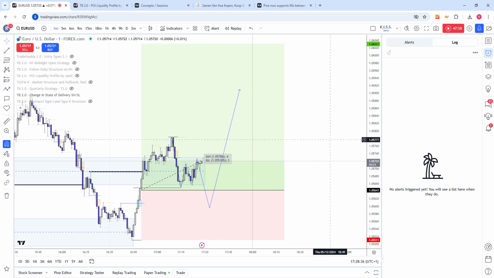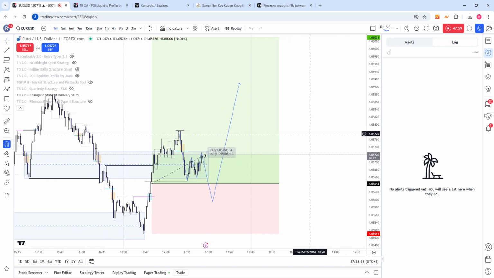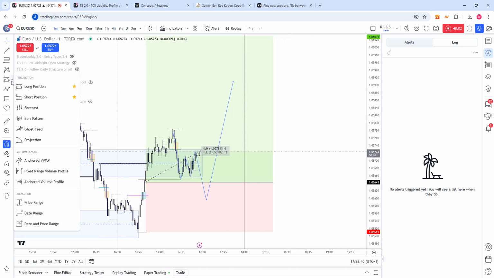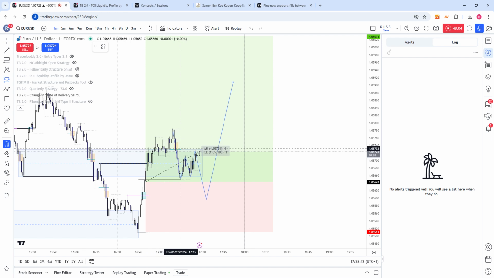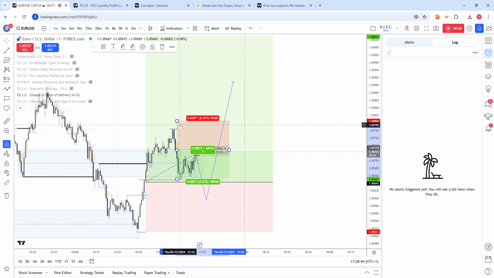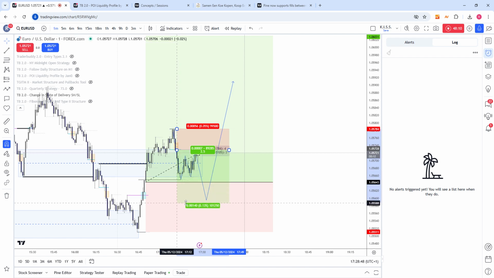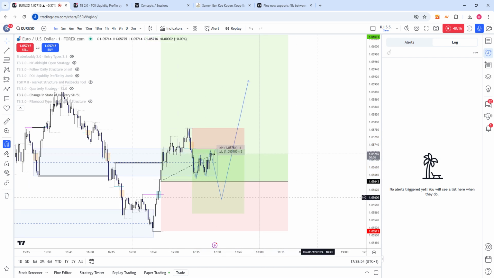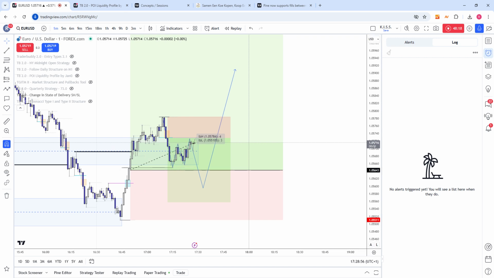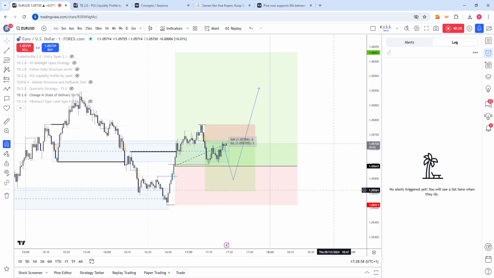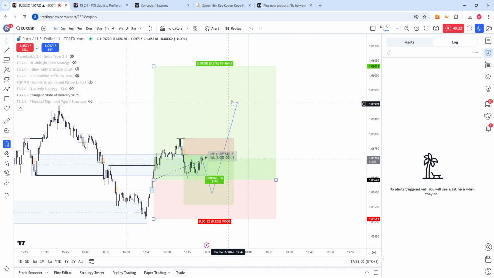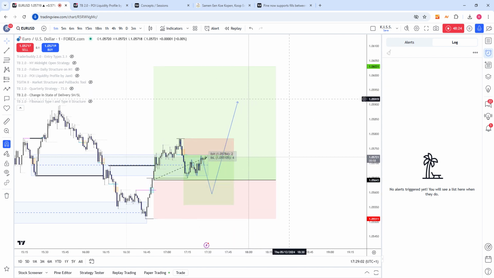So in both ways, there is a potential setup present for an interesting amount, because we only trade 2 or 3R. So there is a potential 3R trade here, but that's purely based on the 1 minute and the fact that we go for more liquidity to take price higher.